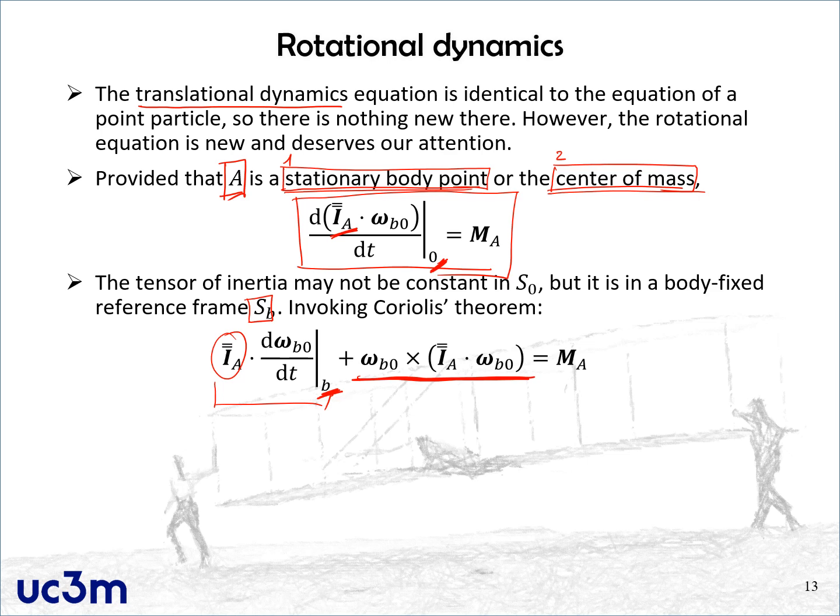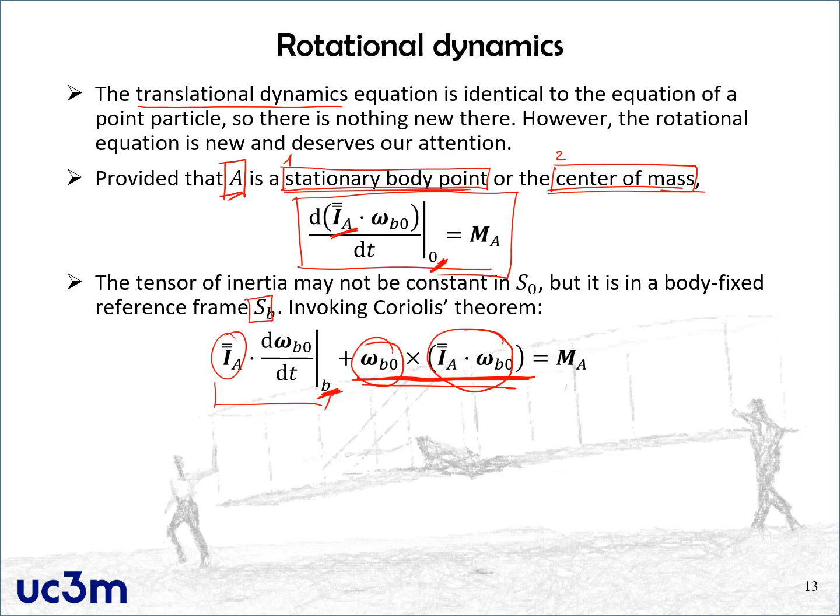In general, this new term is non-zero because omega is not the same vector as the angular momentum vector. It only cancels out if the tensor of inertia has the same eigenvalue 3 times. Basically, that would be the tensor of inertia of a spherical body, for example. In any other case, this term will not vanish.